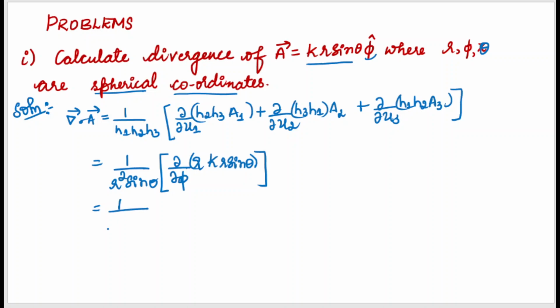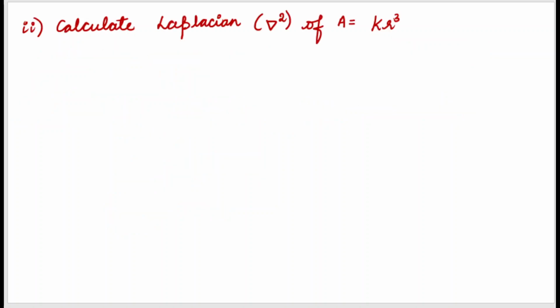It will be 1 divided by r square sine theta into 0, so the answer will be 0. I hope everyone is clear. So this is the importance of those formulas. They can ask the question in any coordinate system, so you need to know this formula, apply it and get the answer. Yes, let us move on to the next question.